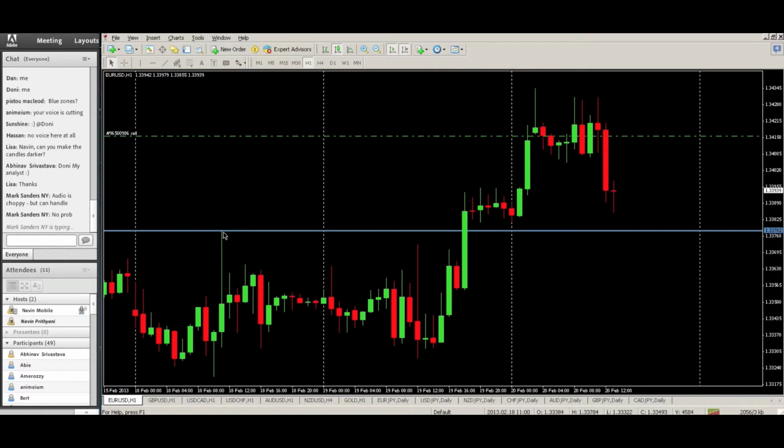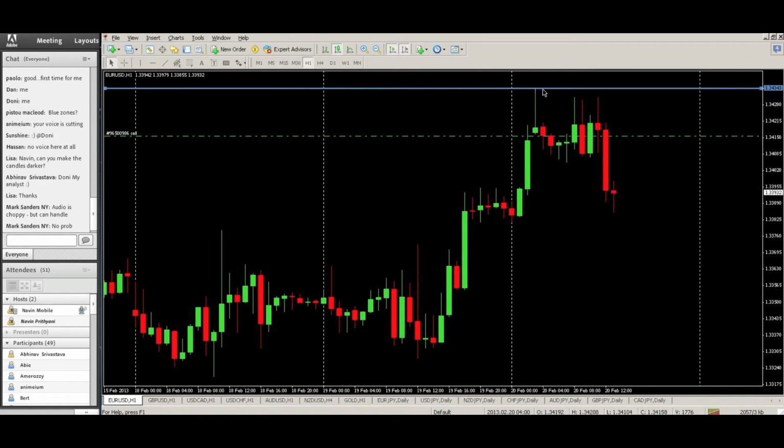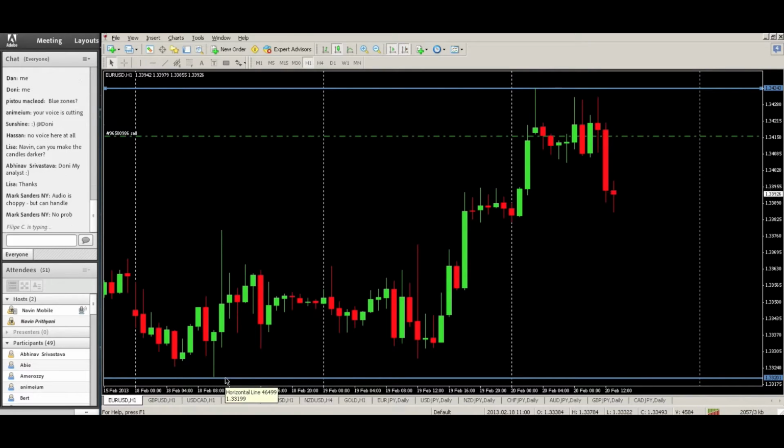For example, here, this would be your resistance, or up here, this would be your resistance. This area down here would be your support. Anything below the current market is called support. Anything above the current market is called resistance.